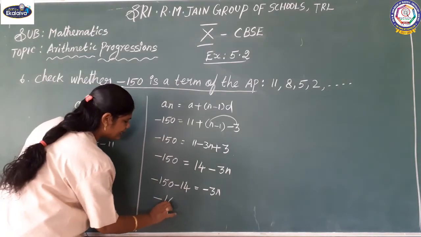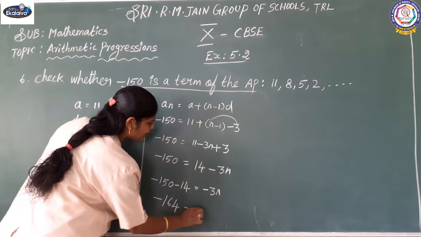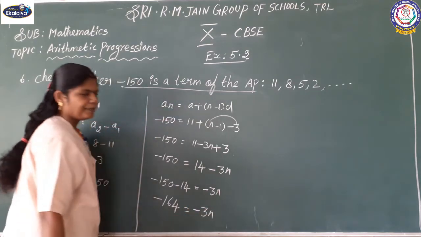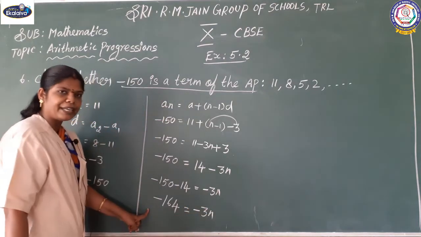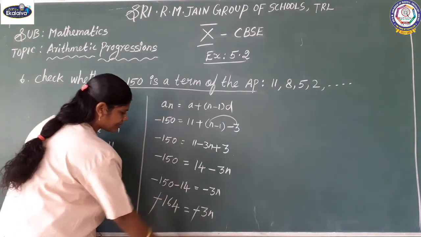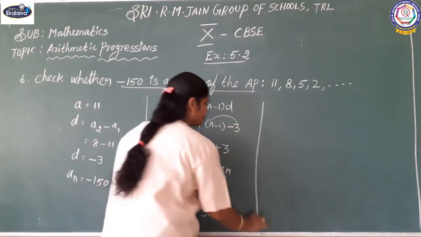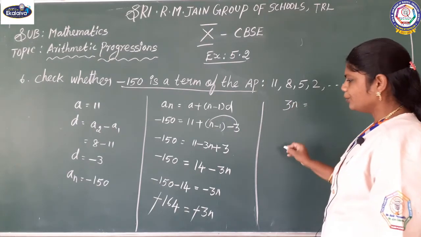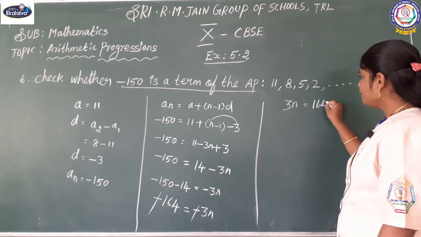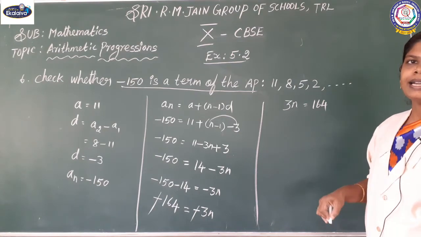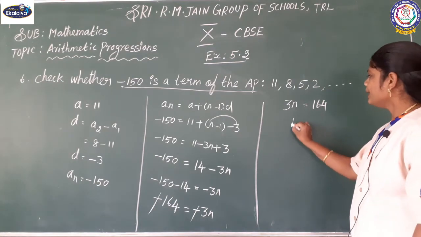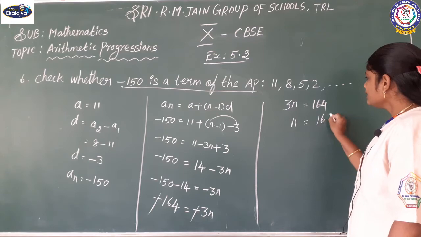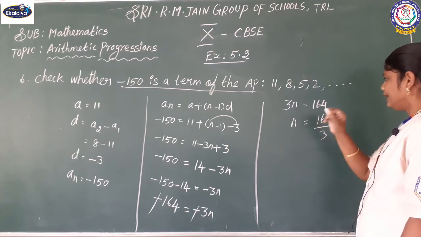Minus 164 equals minus 3n. Both sides have negatives, so cancel them. Now what is remaining? 3n equals 164. So n equals 164 by 3.